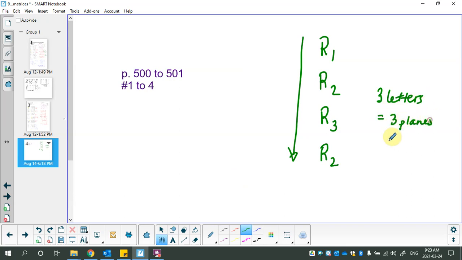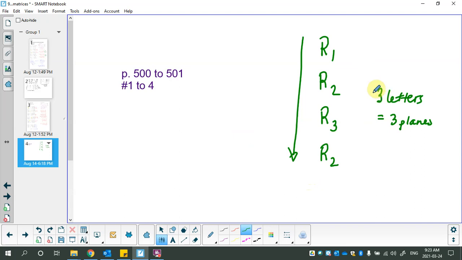I'm only saying that because when you get up into 4 letters and 5 letters and 6 letters, which serve purposes other than intersections of planes, they help you solve problems that are not something that you can actually picture, if you can picture 3-space. But if you get more letters, you're going to have to expand on this.